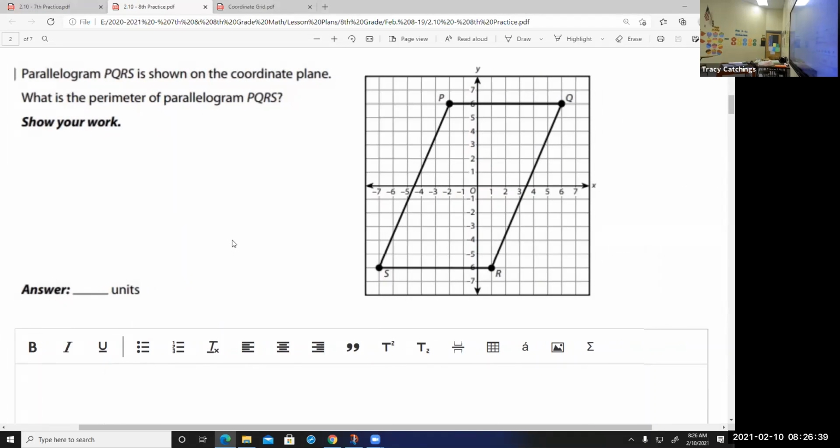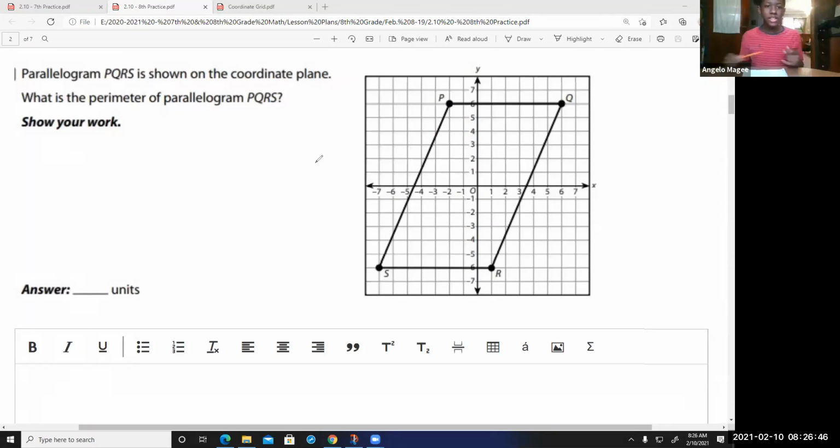All right, someone read this to us. Parallelogram PQRS is shown on the coordinate plane. What is the perimeter of the parallelogram PQRS? Show your work. Now, how can we find this perimeter? What do you see? What do you recognize?